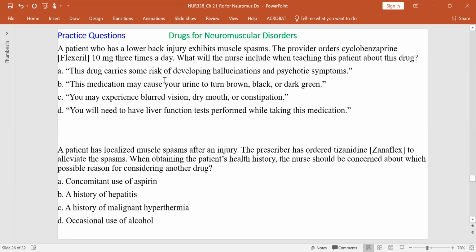Now, a patient has localized muscle spasm after an injury. The prescriber has ordered tizanidine, Zanaflex, to alleviate the spasms. When obtaining the patient's health history, the nurse should be concerned about which possible reason for considering another drug.